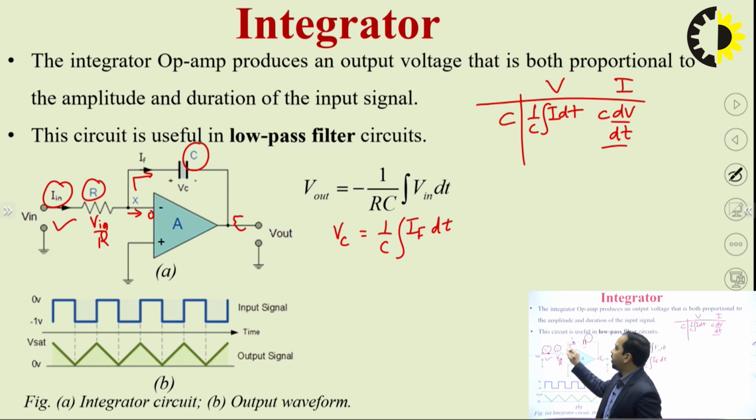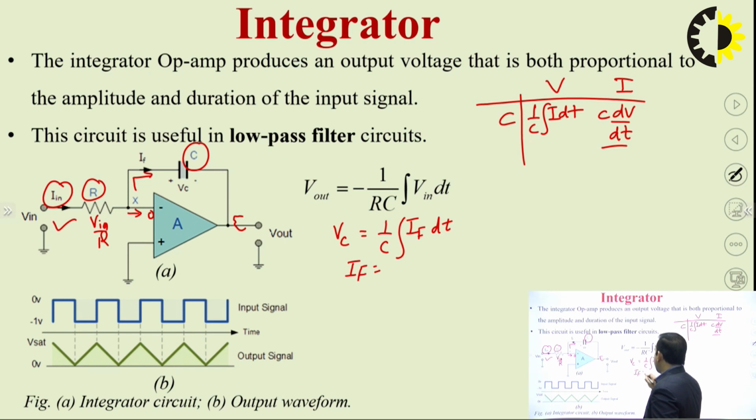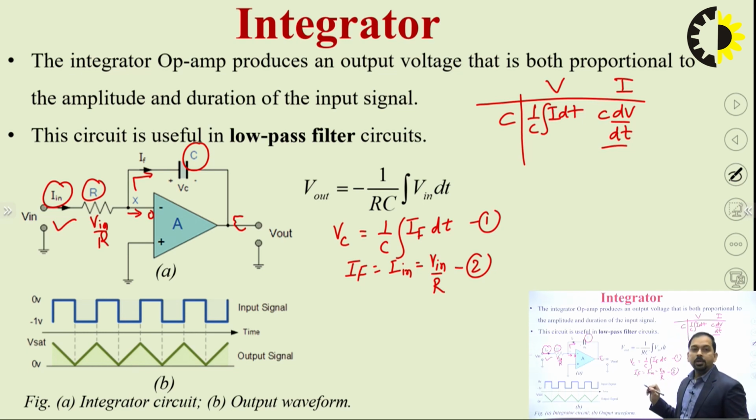Now IF is equal to I in, which is V input divided by R. So we put the value of current I in, from equation number 2, in expression number 1. So we have Vc equal to 1 by RC integration of V in dt.